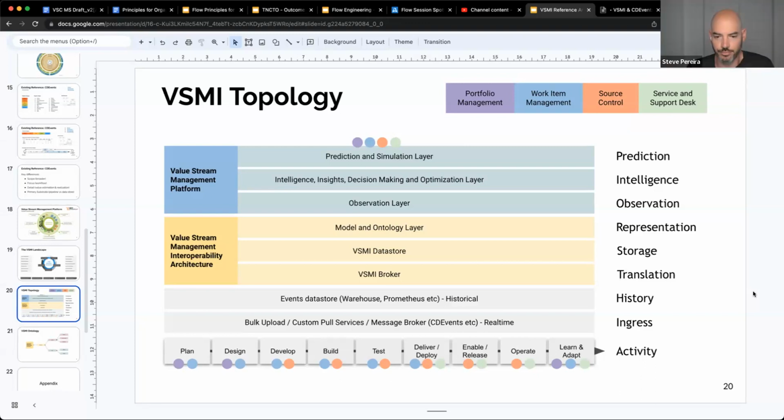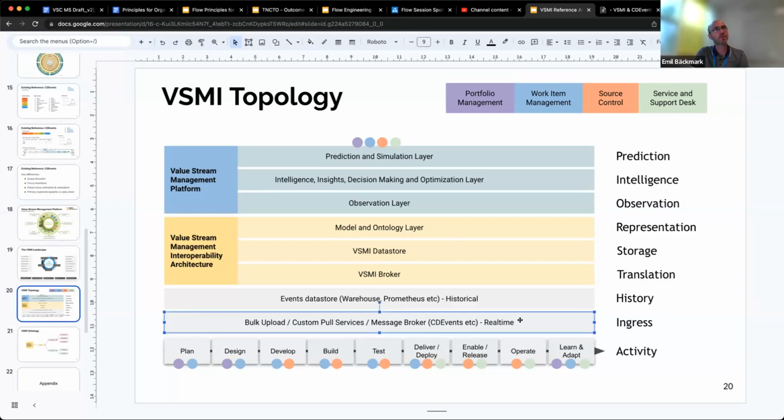Got it. And is it fair to characterize CDEvents as a message broker? Not the broker itself. I'm not exactly sure what the broker term really means, but to me, broker is more of the infrastructure layer below CDEvents. CDEvents is the semantic specification on top of any events sent on any broker.